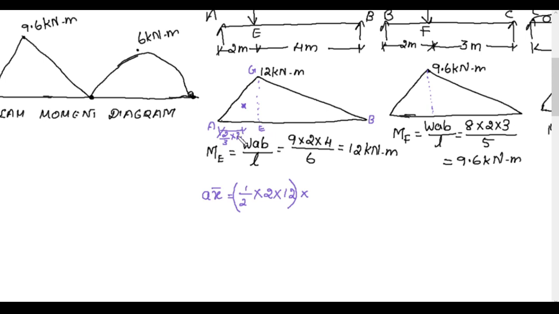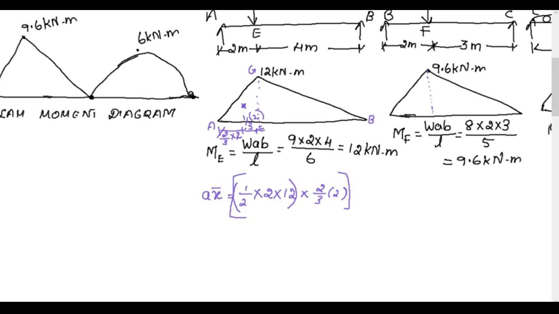AE distance is 2, and the other part is 1 by 3 of 2; you add, you will get 2. So from A it is 2 by 3 of 2. This is our x bar. So for the first part, for AGE, we have calculated A into x bar.